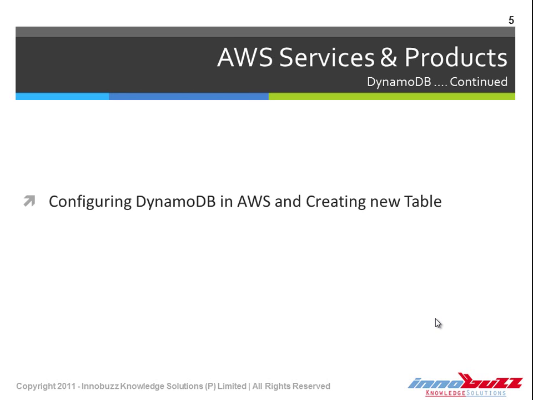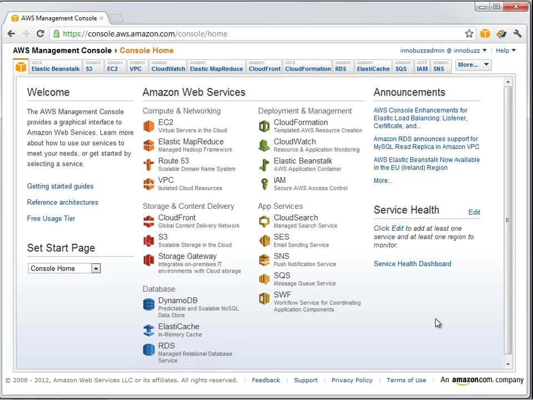Now let's go ahead and check how we can configure a DynamoDB in AWS, and let's also create a table in AWS DynamoDB. Let's log into our AWS Management Console, and in the console, let's click on DynamoDB.